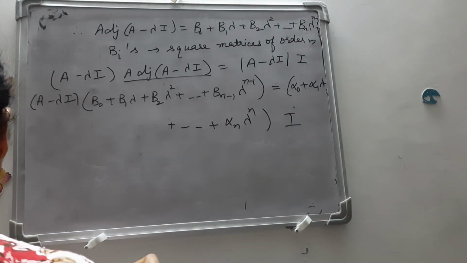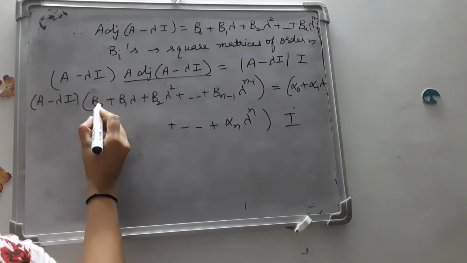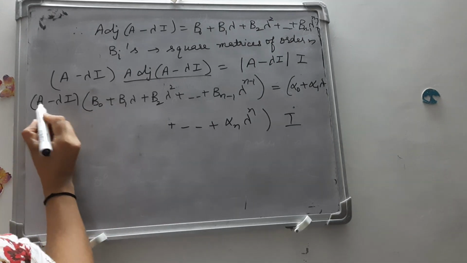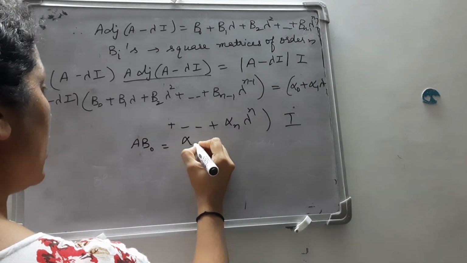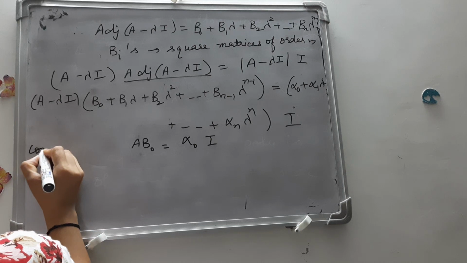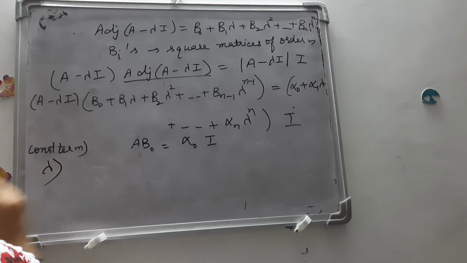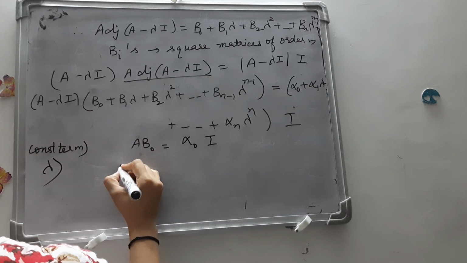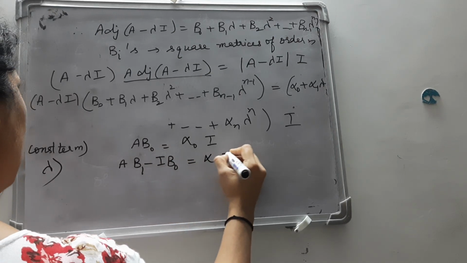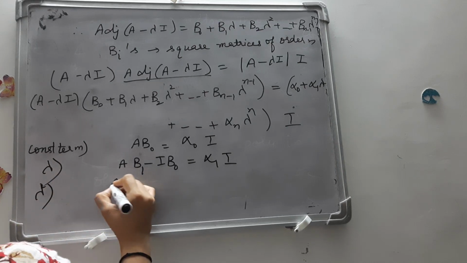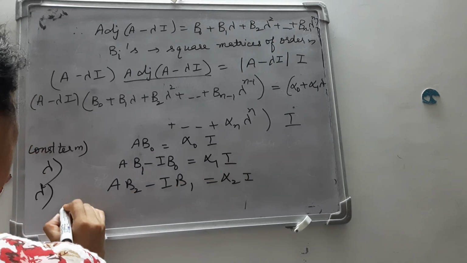Equating coefficients of like powers of lambda on both sides. First is the coefficient of the constant term. Here the coefficient of the constant term is AB naught, and this is equal to alpha naught I. Then the coefficient of lambda: AB1 minus B naught equals alpha 1 I. Then the coefficient of lambda square: AB2 minus B1 equals alpha 2 I, and so on.